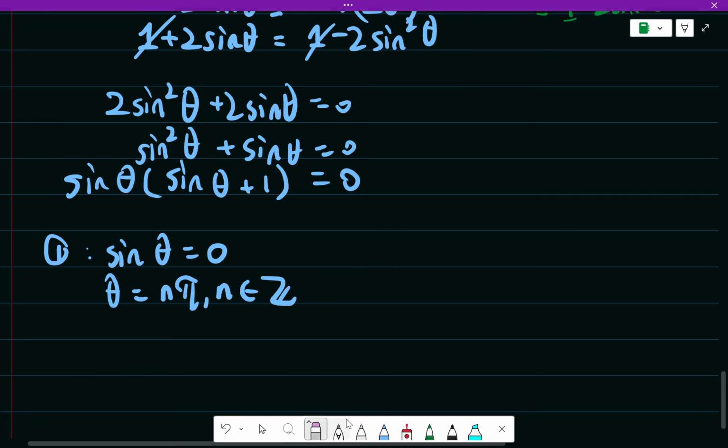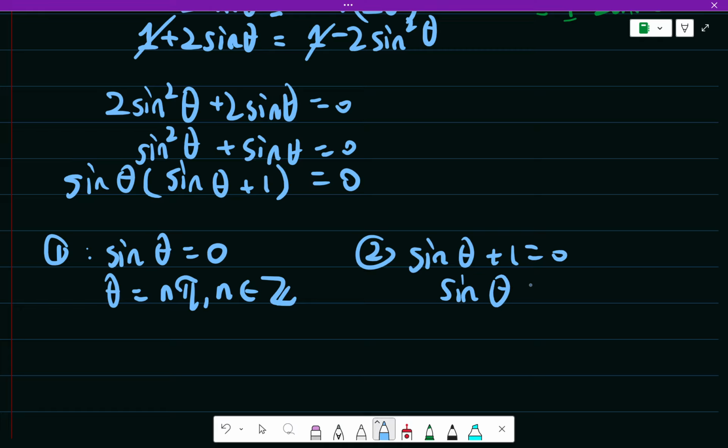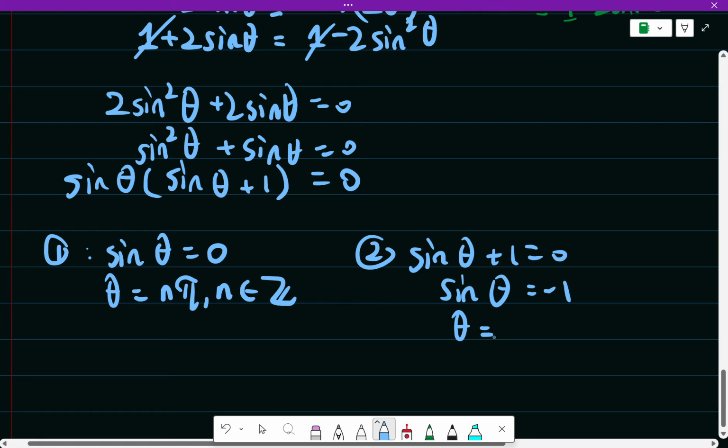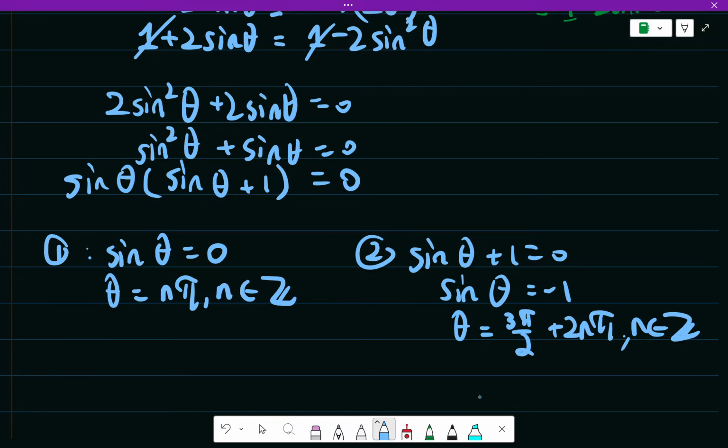And the second possibility would be sine theta plus 1 is 0, sine theta is negative 1. So theta would be 3 pi over 2 plus 2 n pi. N is integers. So these are the possible solutions for this equation.